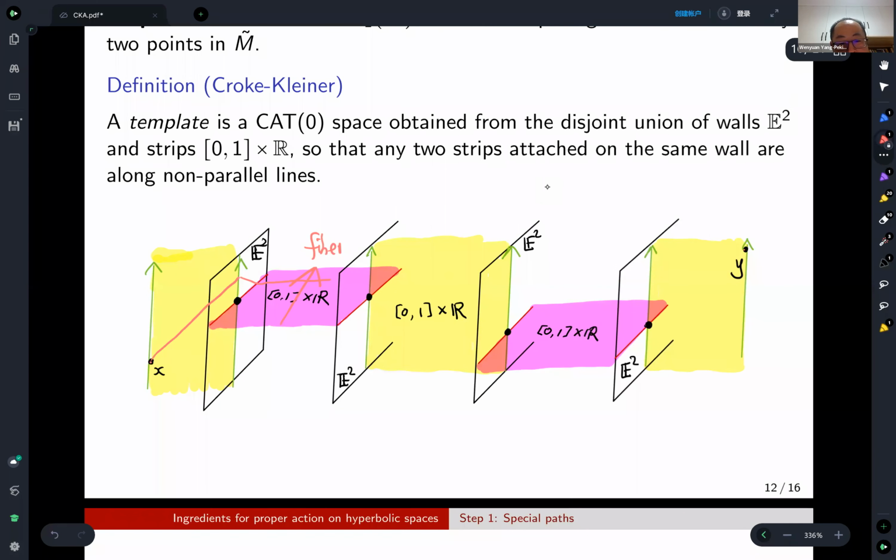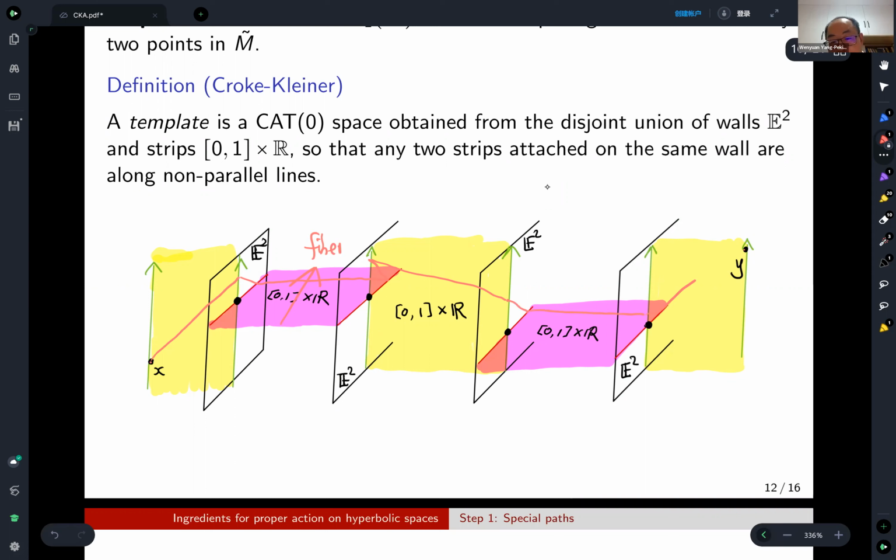We have a geodesic in each strip. From here you get to here, you travel to the yellow strip, then you continue, and maybe you travel some time in this boundary plane, then to this red strip, then continue.